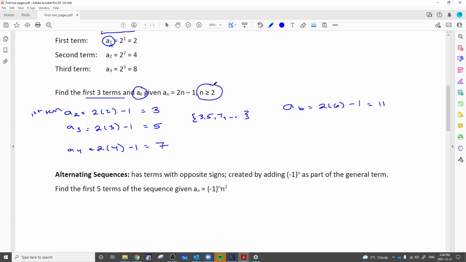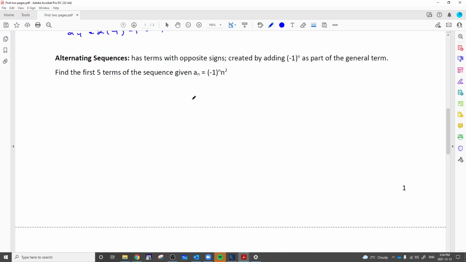Okay, so let's do another one. The next step up from this is what are called alternating sequences. If you see something that has a negative 1 to the n as part of the general term, your sequence is going to alternate in signs. The best way to show you that is to actually show you an alternating sequence. If I ask you to find the first 5 terms of this sequence given by this general term, we're going to start by plugging in n is 1, because that's normally where we start.